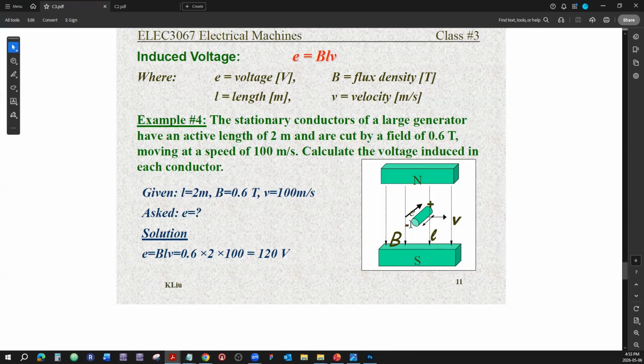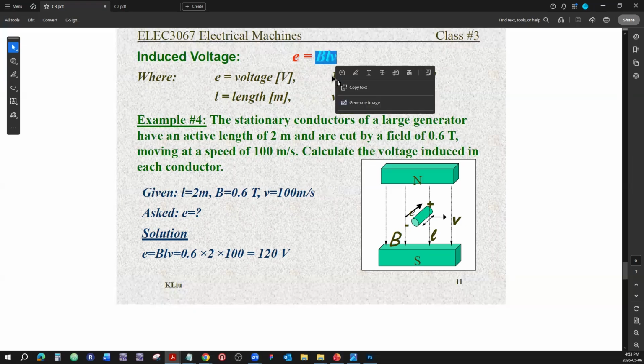So, if we are dealing with a single rod, here is the formula that we're going to apply. But if we have 2 turns, or 2 of those, then we're going to have a little letter N before that, standing for the number of turns. Because if we have 2 of those wires, we get 2 times the effect, and if we have 3 of those wires, we get 3.